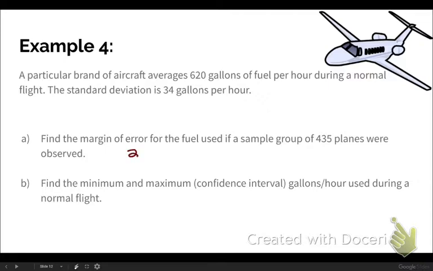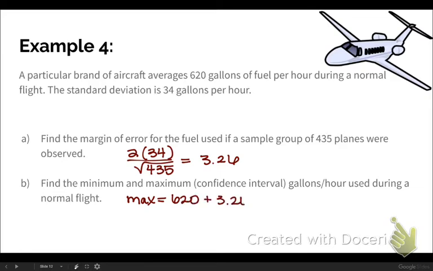So 2 times our standard deviation of 34 divided by the square root of n for 35. So 3.26. So we have actually a fairly small margin of error, because for our confidence interval, to find the maximum, we would take the mean, which is 620, and add 3.26.